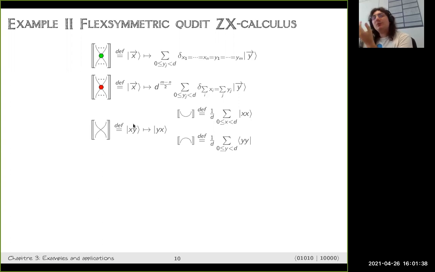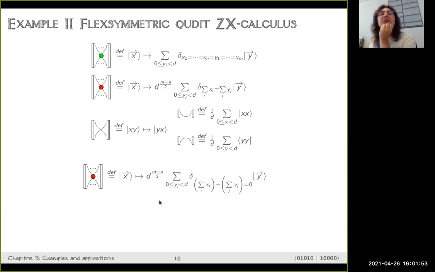But we see also that this red spider is not FLEXSYMMETRIC, but it is FLEXSYMMETRIC up to a dualizer, which is exactly taking the minus modulo D. So we can define, using the softening trick again, a modified red spider, and we do exactly the same trick. We just take all the outputs and put them to the other side of the equal sign.